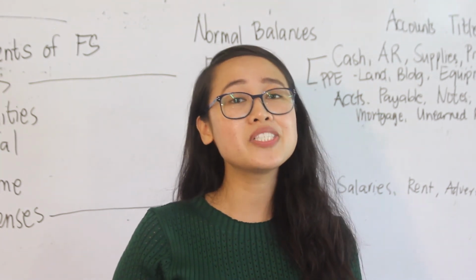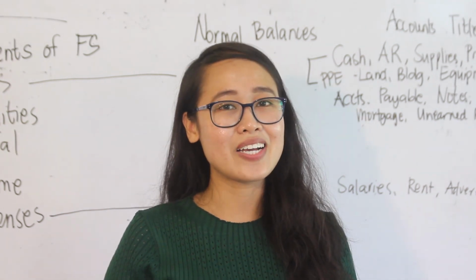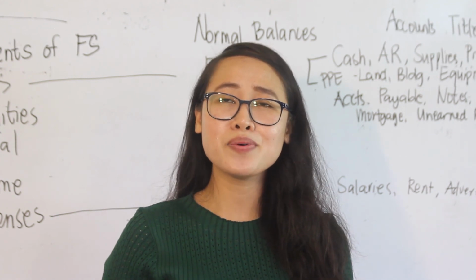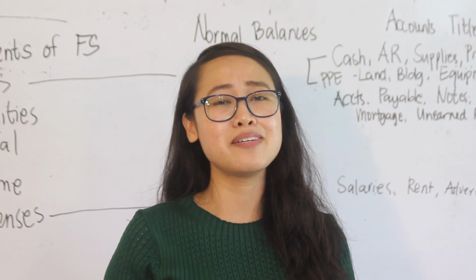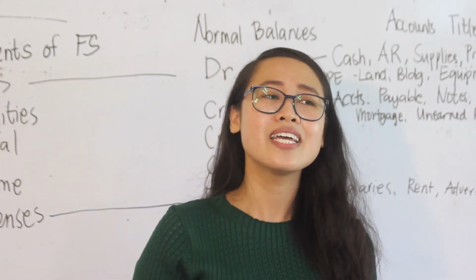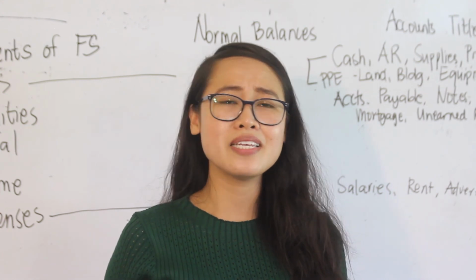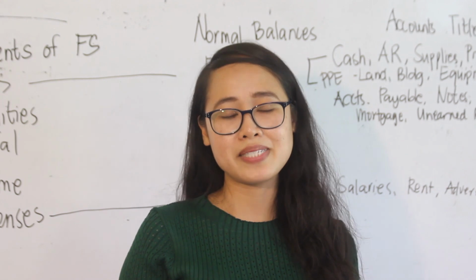But under merchandising, the revenue will be changed into sales. Every time you earn something, that is credited as sales under merchandising. And we will discuss later the more thorough explanation about the difference between a service type and a merchandising type of business.